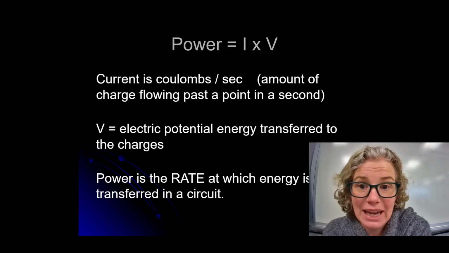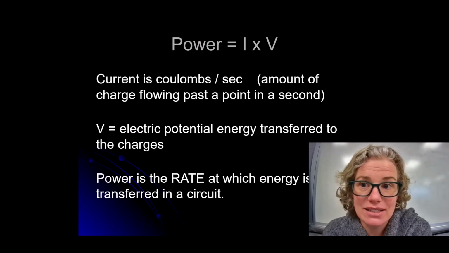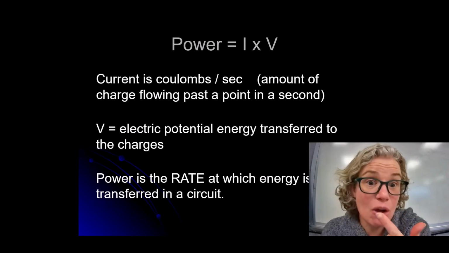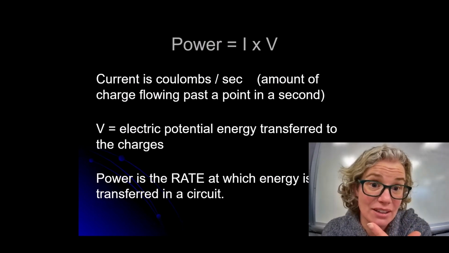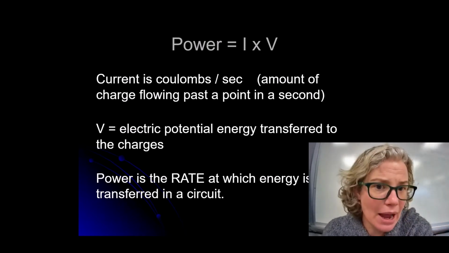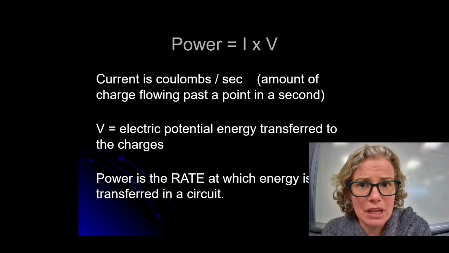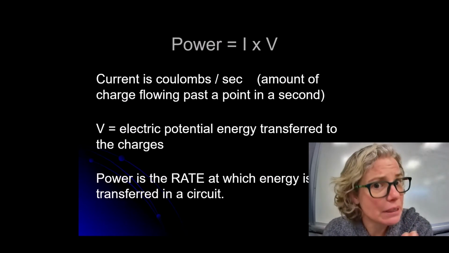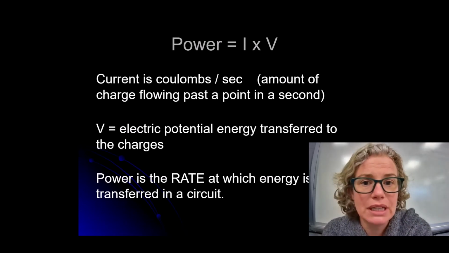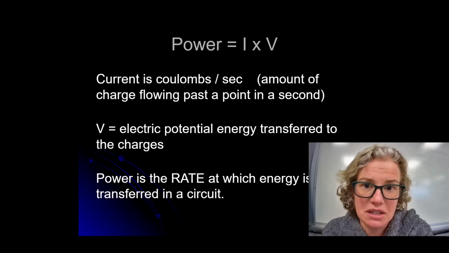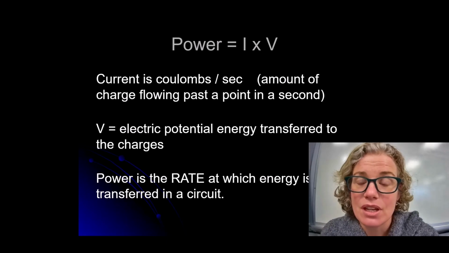So power is the rate, a combination of how much energy they have and how many electrons are flowing, how much push behind them. That also made power make a little more sense to me when I think about what current really means and what voltage really means.